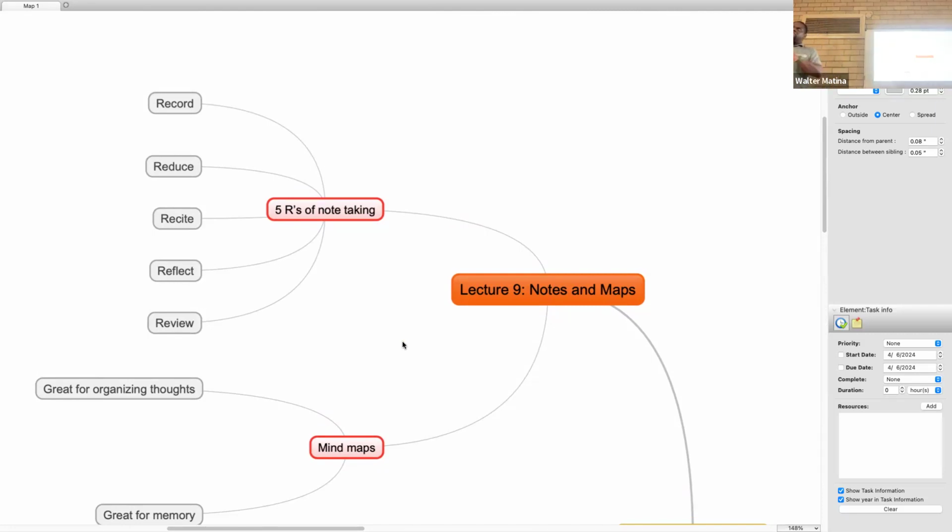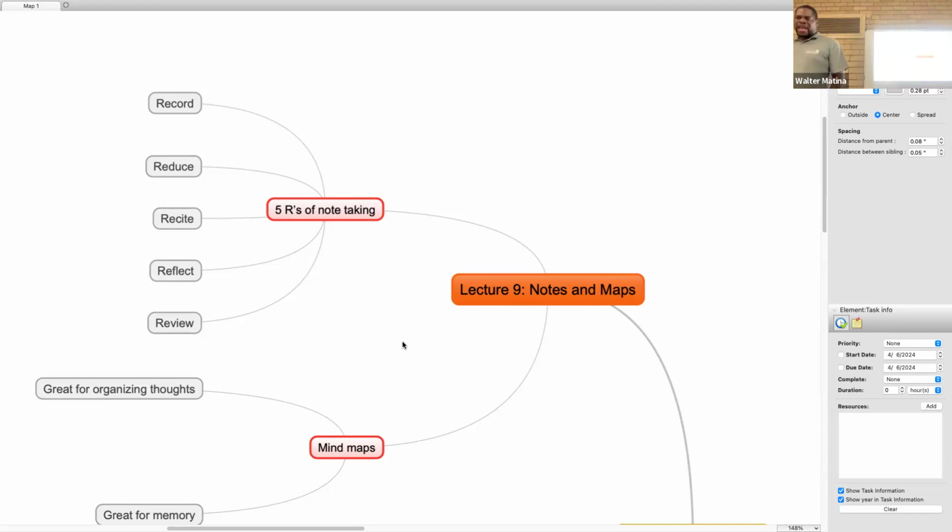Part of the purpose of what a mind map can do for you is it helps you organize complex information in a way that makes it easier for you to follow. As you're reading very thick volumes, your textbooks and so on, you are going to be encountering information that is very difficult at times.